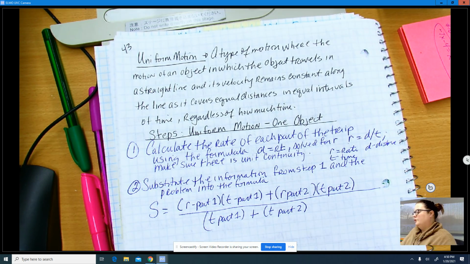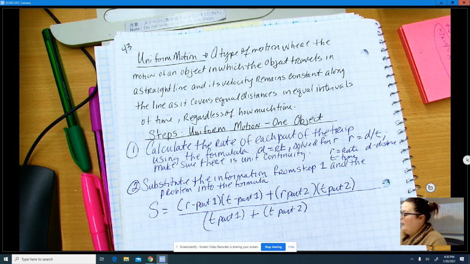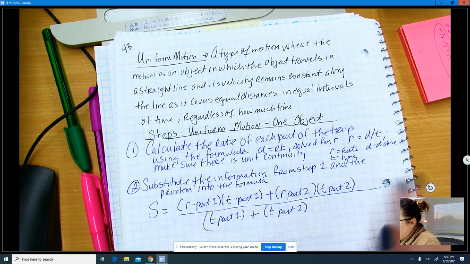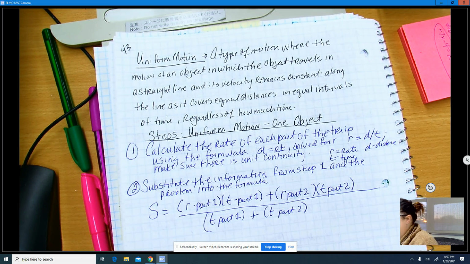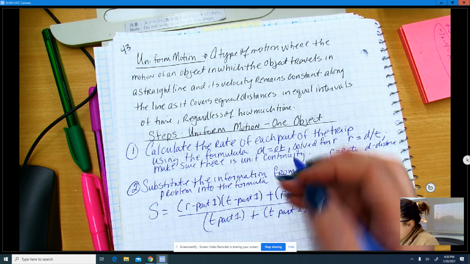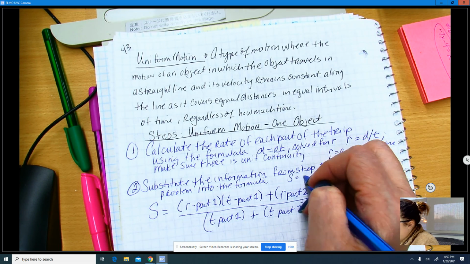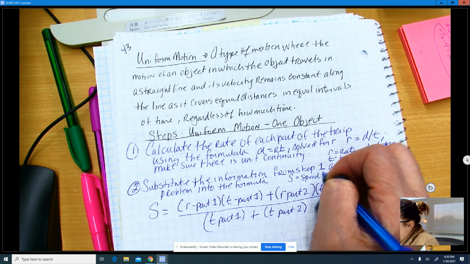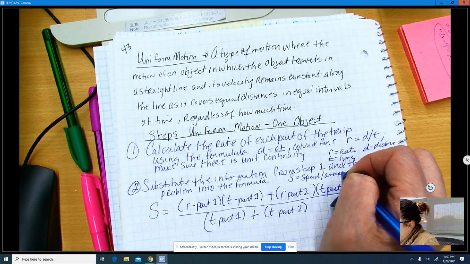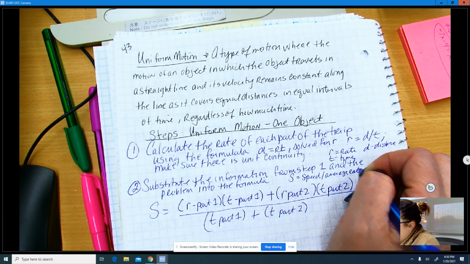And if there were more than two parts, if there were 5 parts, we would have 5 different sections up here, and then we'd have 5 pieces below added together. So here we're going to put S represents speed or average rate.